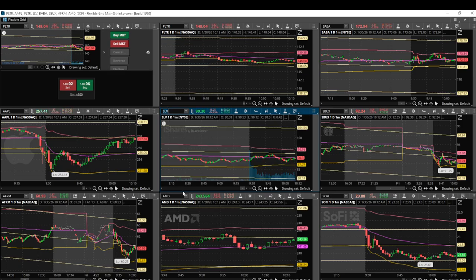So that's how we basically execute our trades, and that's how we look at it. And everything with trading is getting in and getting out, taking a profit, minimizing your loss. Simple as that.